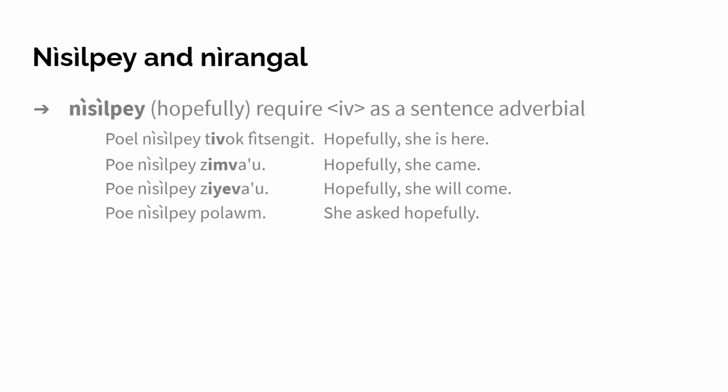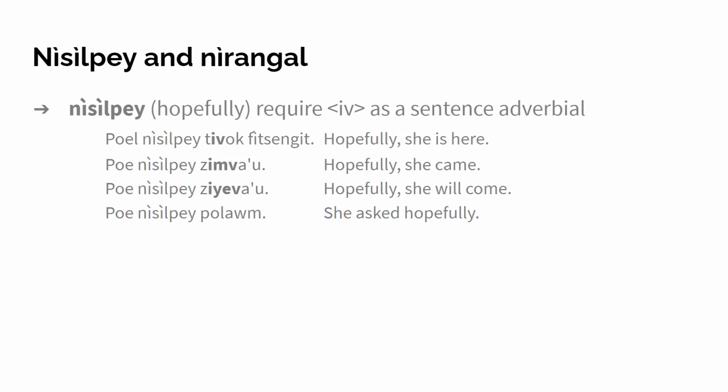Let's next look at two adverbs, namely Nisilpey and nirangal. Nisilpey means hopefully and requires if it is used as a sentence adverbial. In case you haven't watched my adverb video, a sentence adverbial is an adverb which kinda makes a comment about the whole sentence. So let's look at the English examples. Hopefully she's here. Hopefully she came. Hopefully she will come.